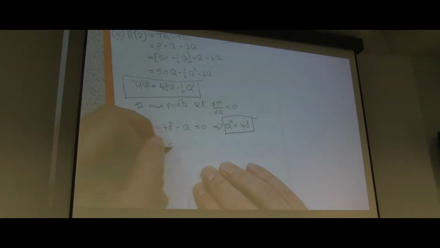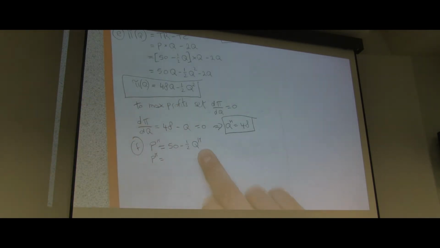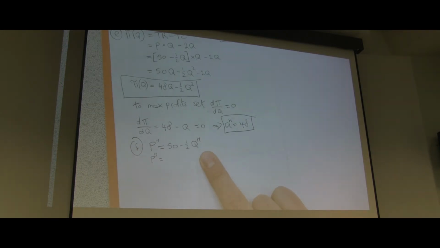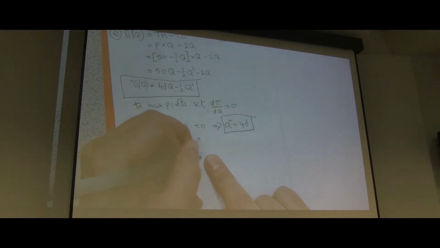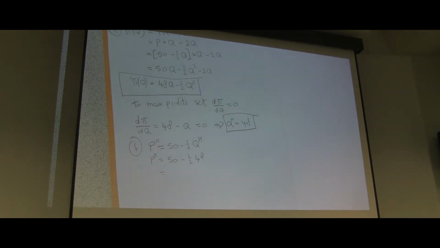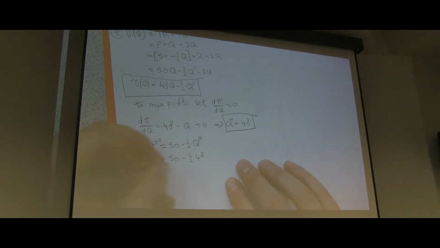Price equals 50 minus 1/2 Q, which means that if I replace the Q with QM, the monopoly quantity, the price is 50 minus 1/2 times 48, which is equal to 26. So PM equals 26.